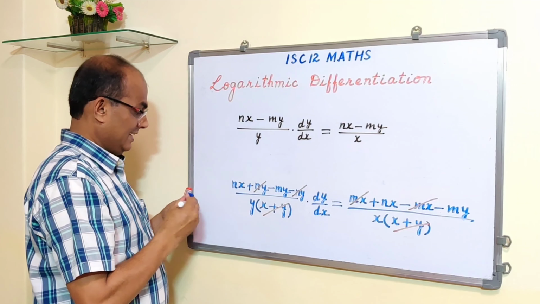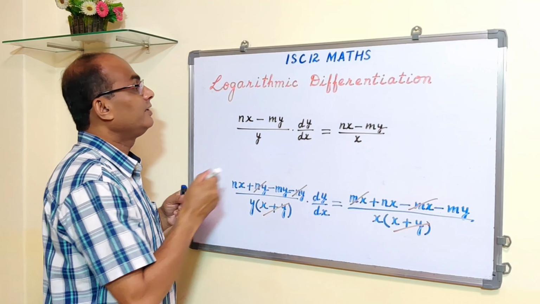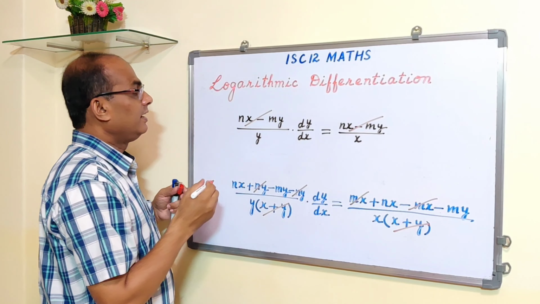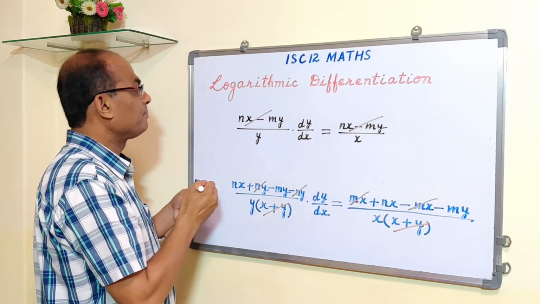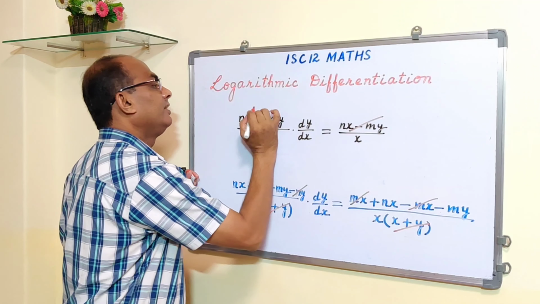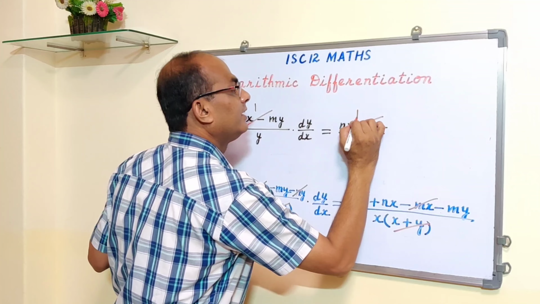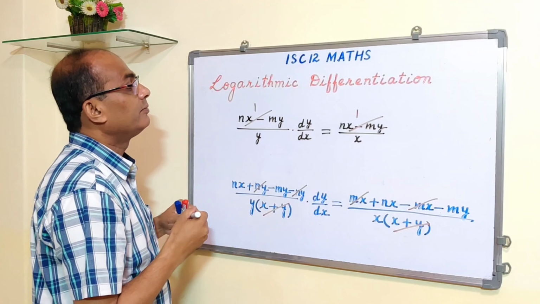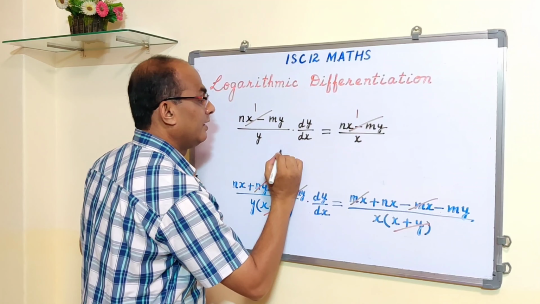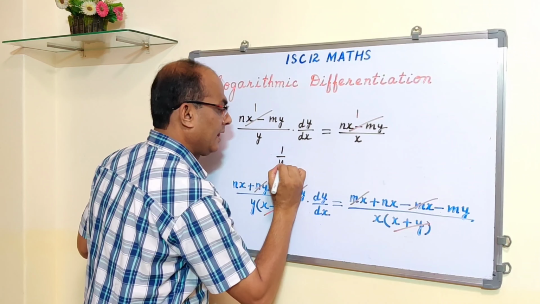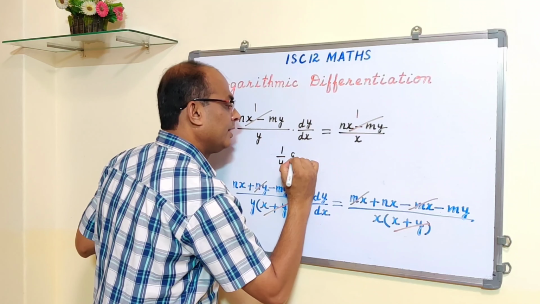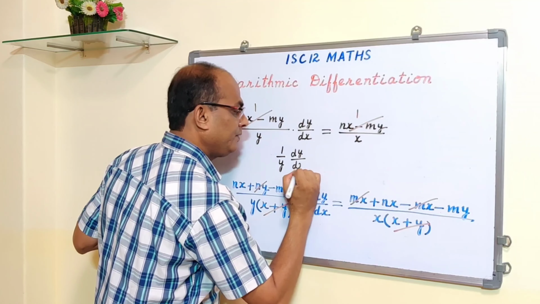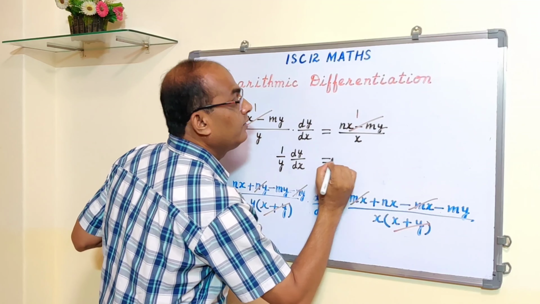Alright. Now nx minus my, this side also, nx minus my, nx minus my cancel. We get 1 here, and here also we are getting 1. 1 upon y dy upon dx is equal to 1 upon x.